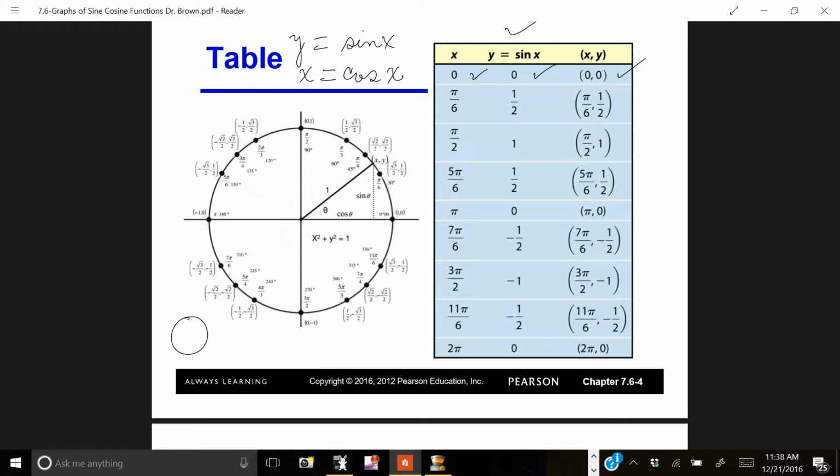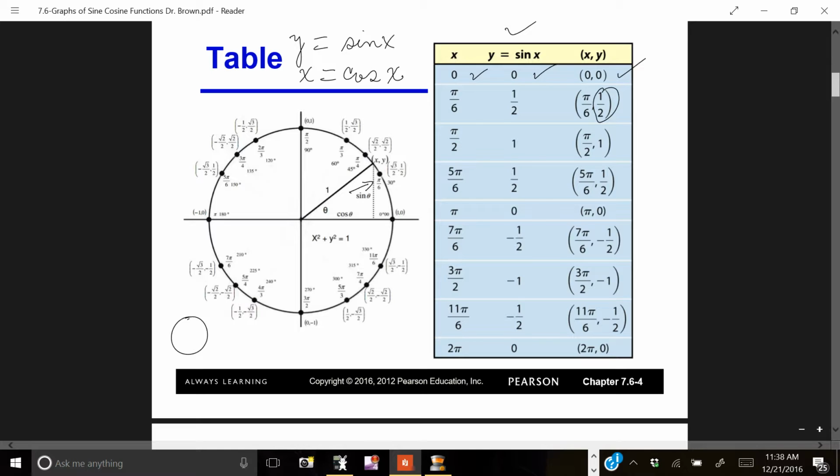Let's look at the angle pi over 6. At pi over 6, the value of y is 1/2.